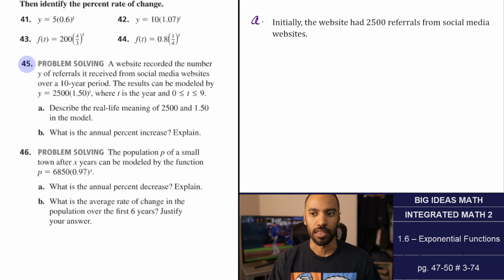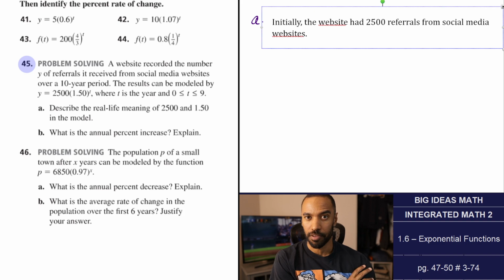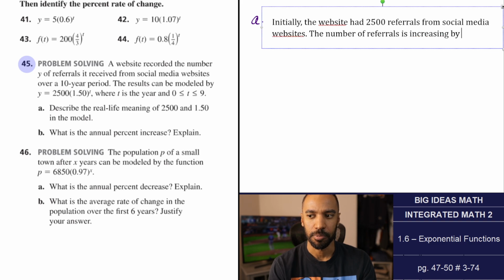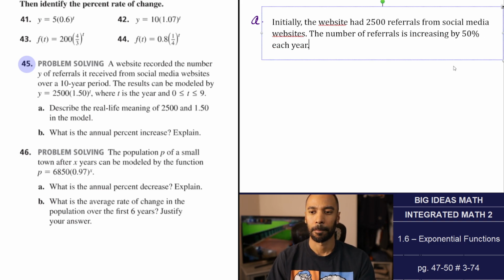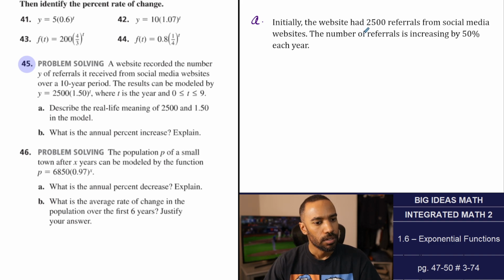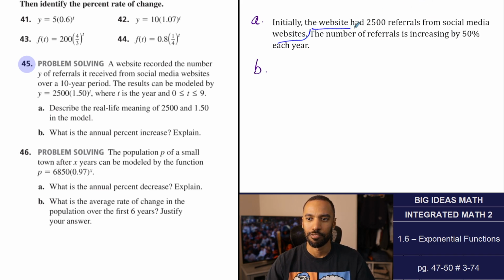Oh, and then there's a part B. 1.5, so 1.50 is also a 50% increase. The number of referrals is increasing by 50% each year. Part B: what does the annual percent increase explain? That is this, the 50% increase.